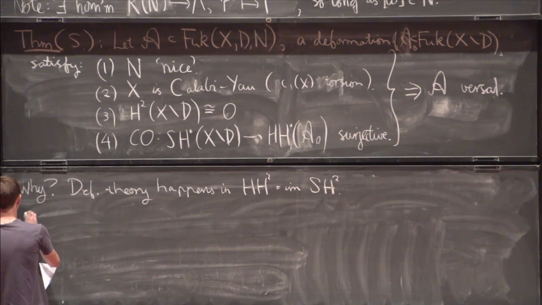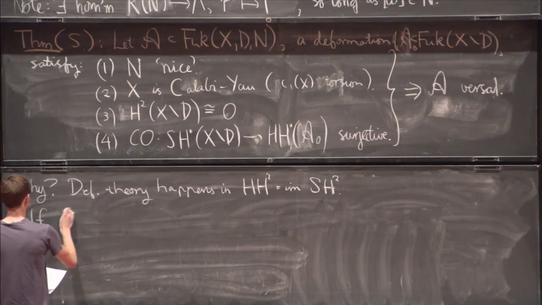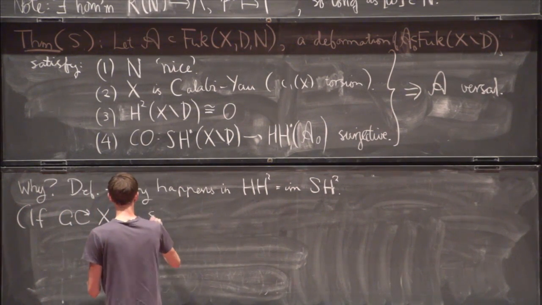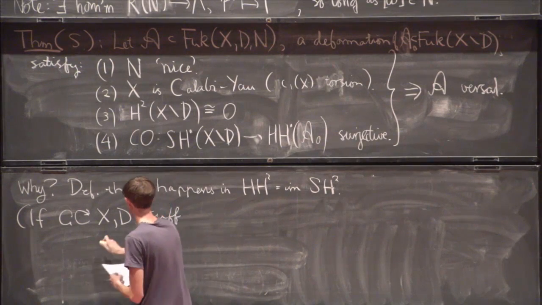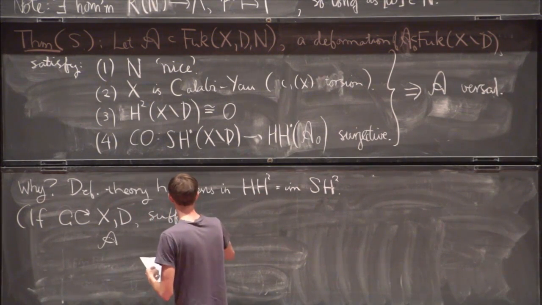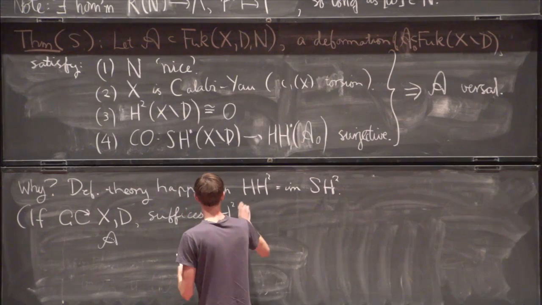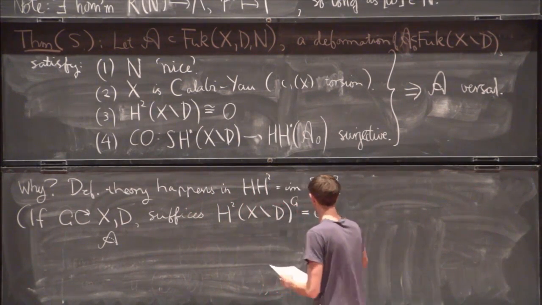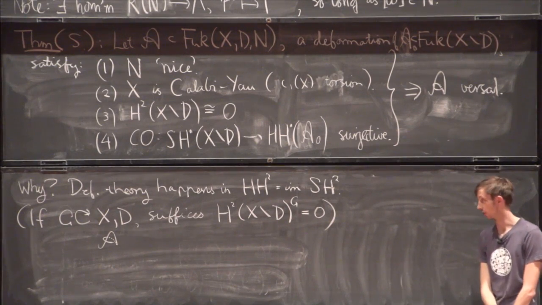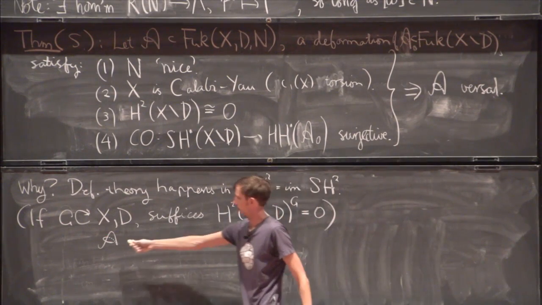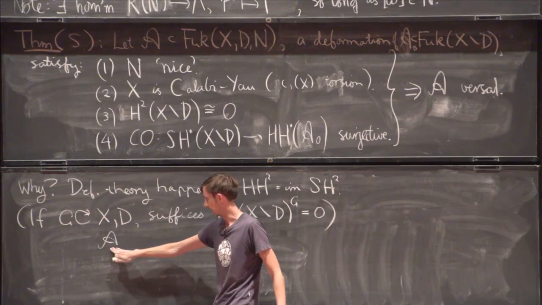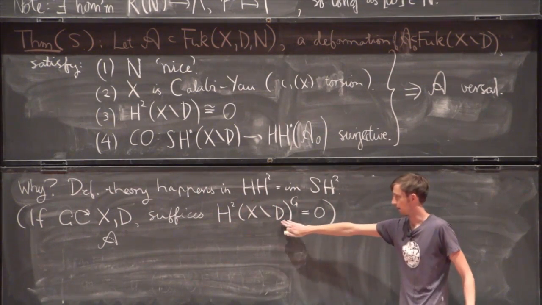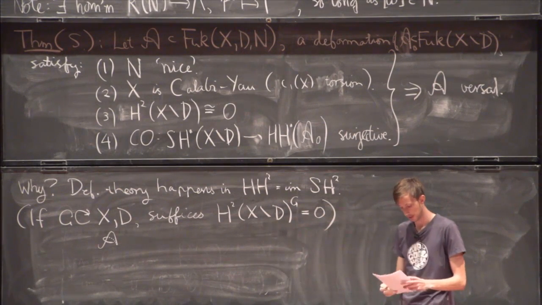One way to get around that is if you have a group action G acting on X and D and acting on this subcategory A, then it suffices for the G equivariant part of this H2 to vanish.